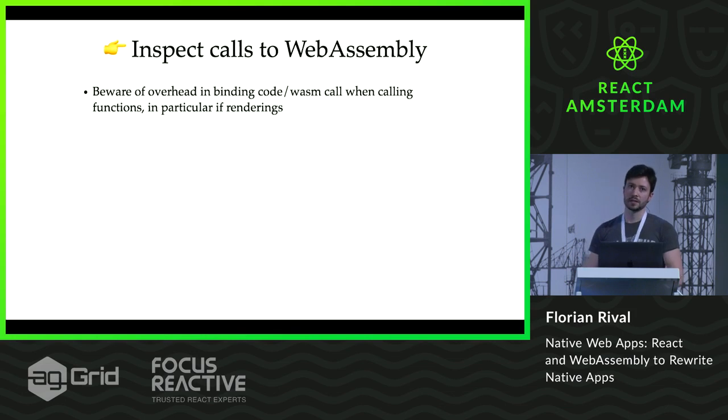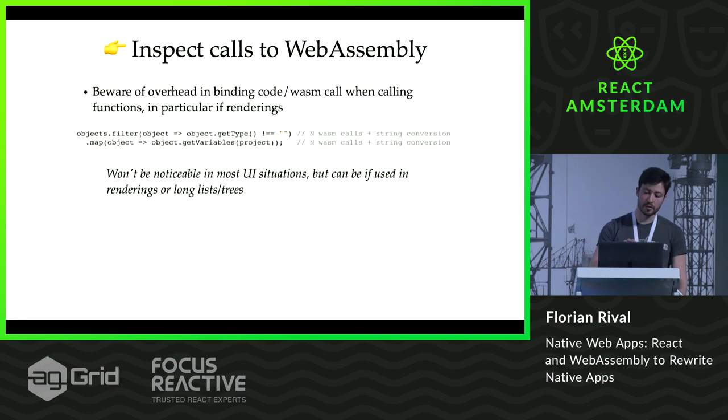That will be noticeable, in particular on mobile, because imagine that you're iterating on a list of objects, and for every object, you're calling a method, for example getType and getVariables, that are WebAssembly methods. Then every time you're paying for the cost of translating the parameter from JS to WebAssembly.